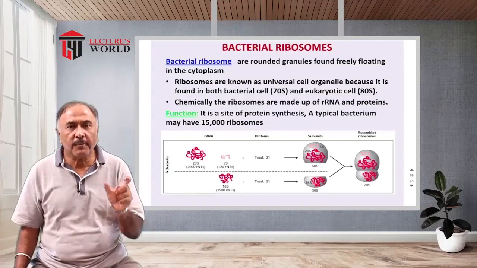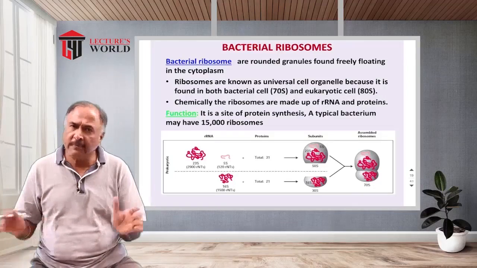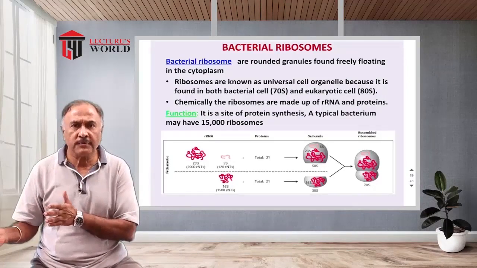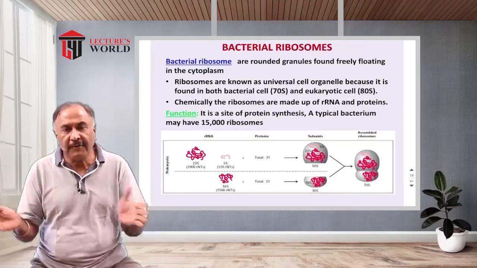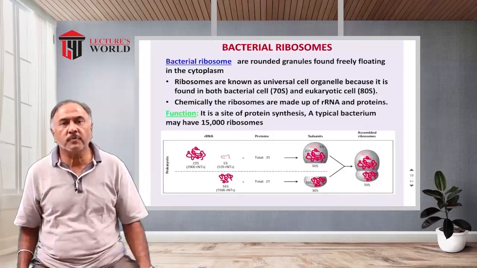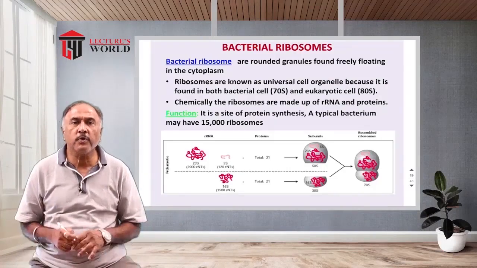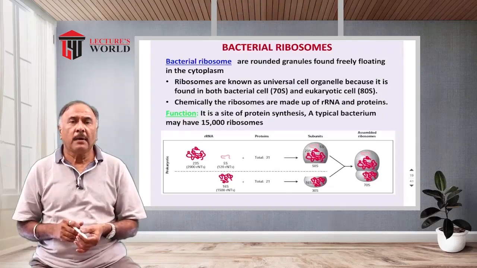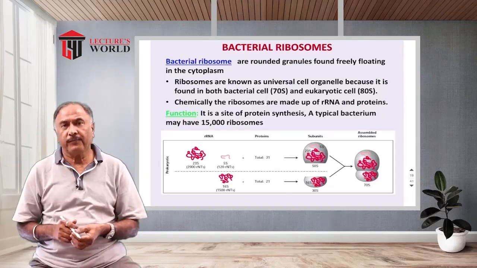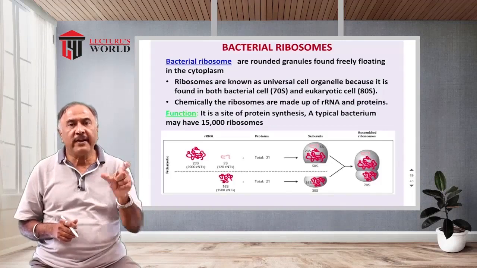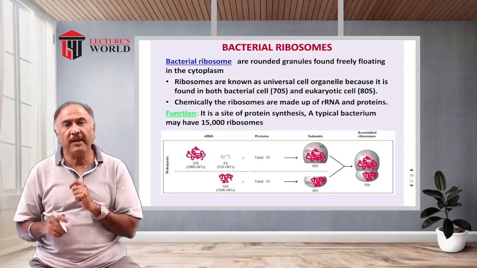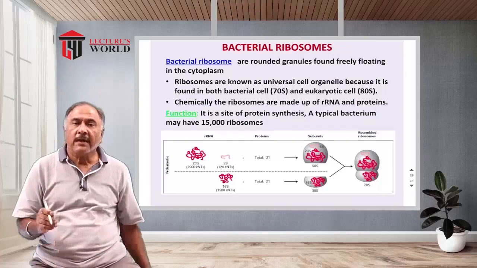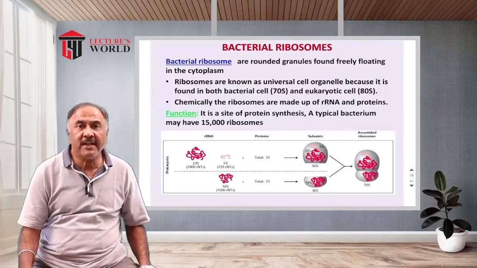What is their function? Protein biosynthesis. The same function is there in eukaryotes. But the difference between the two types of ribosomes among prokaryote and eukaryote is, in case of prokaryotes, ribosomes are of 70S type, while in case of eukaryotes, ribosomes are of 80S type.